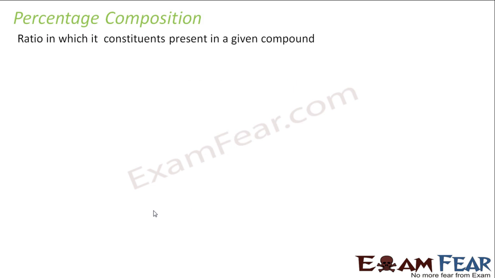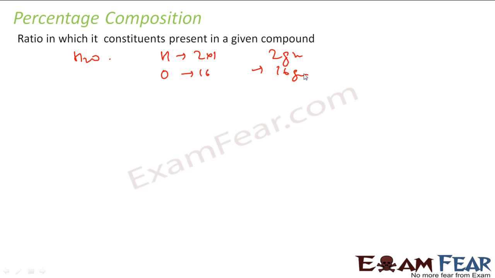Let's talk about percentage composition. It is the ratio in which the constituents are present in a given compound. For example, water is H2O. The molar mass of hydrogen is 2 grams and oxygen is 16 grams.